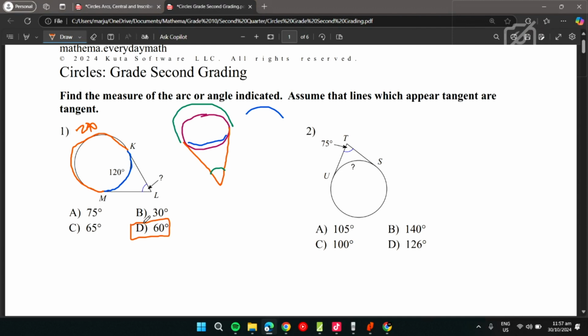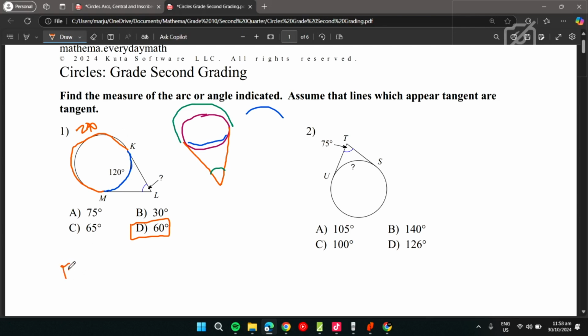So tandaan lang natin, pag merong intersecting tangent line outside the circle, ang measurement ng angle na to is far arc minus near arc over 2. Alright? So let me just do that.